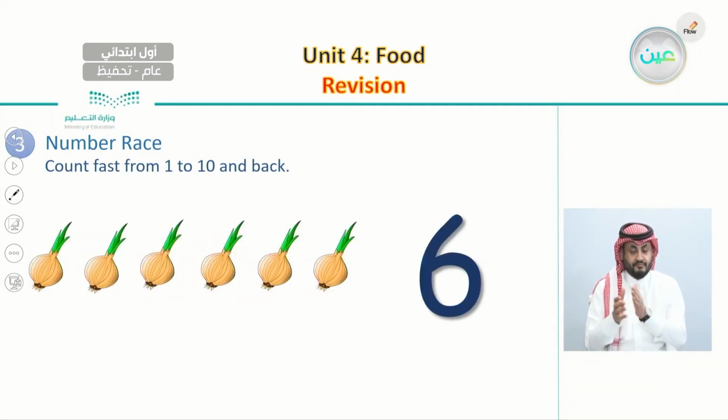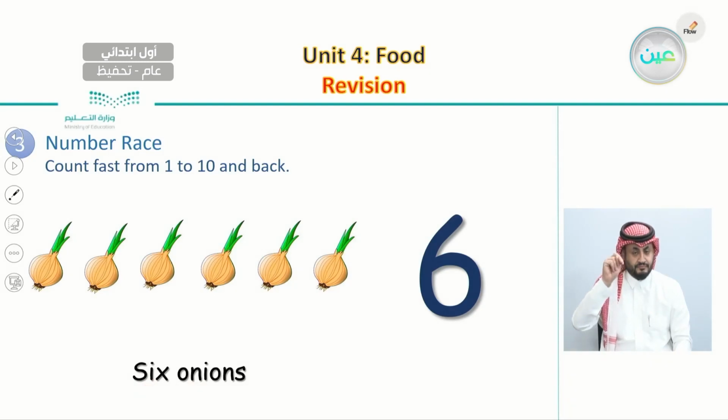Very good. Now moving on to number 6. This is number 6 and these are onions. Number 6 and onions. So with these onions and number 6, these are 6 onions.